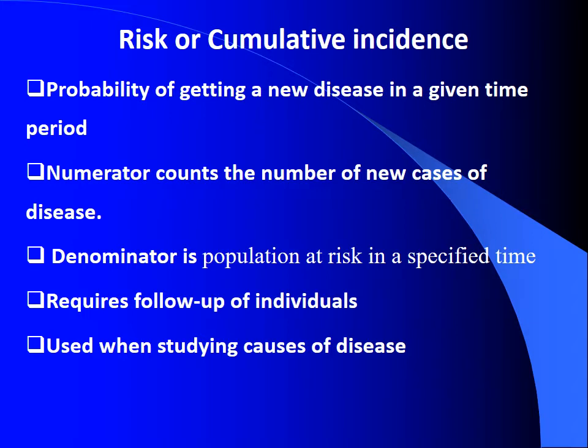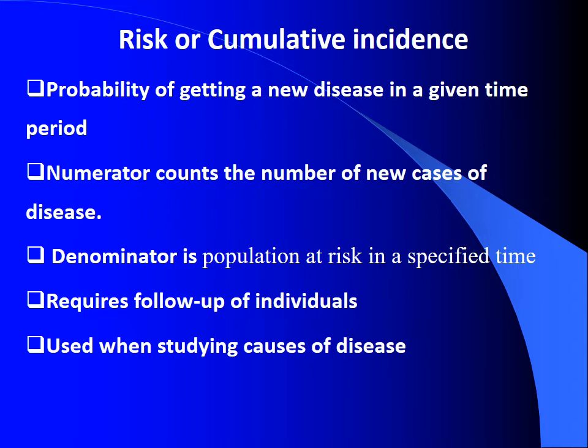Then comes risk. Risk, or incidence, or cumulative risk, synonymously used, is the probability of getting a new disease in a given period, as against prevalence, where all existing old or new cases are included.